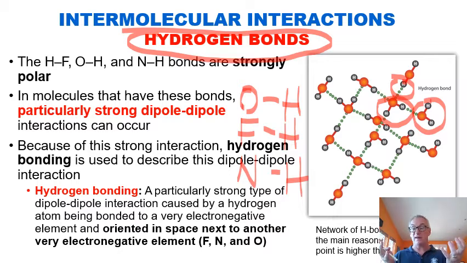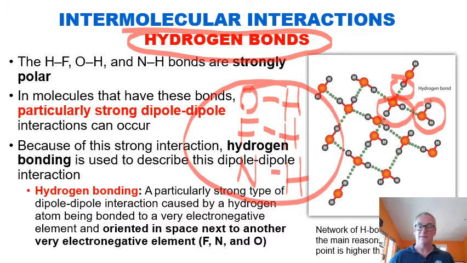It's a strong dipole-dipole interaction, but if the hydrogen is not there, it's not a hydrogen bond. So always be on the lookout for molecules that have oxygen, fluorine, or nitrogen, and you're asked whether those molecules can hydrogen bond between each other. Well, if these bonds aren't present, then they can't. Then it's just a normal dipole-dipole interaction.